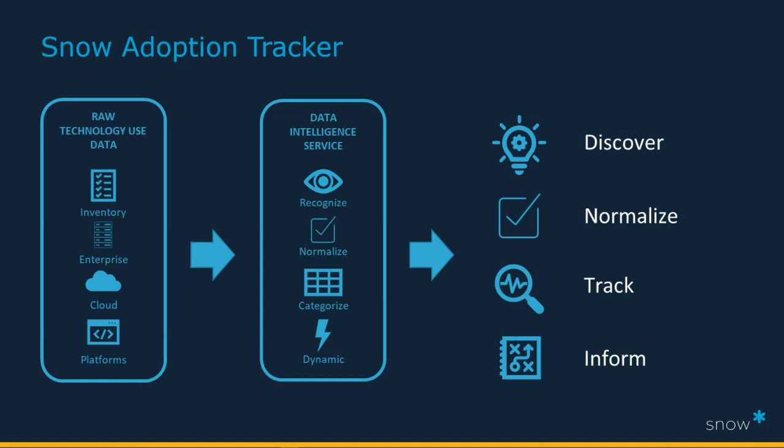And we use that to compare the data with our industry-leading database of over 650,000 applications from over 100,000 software vendors. The data intelligence service automates that normalization process and produces software records with standardized names and editions, so you can quickly and easily determine which software titles are in use and who's using them.